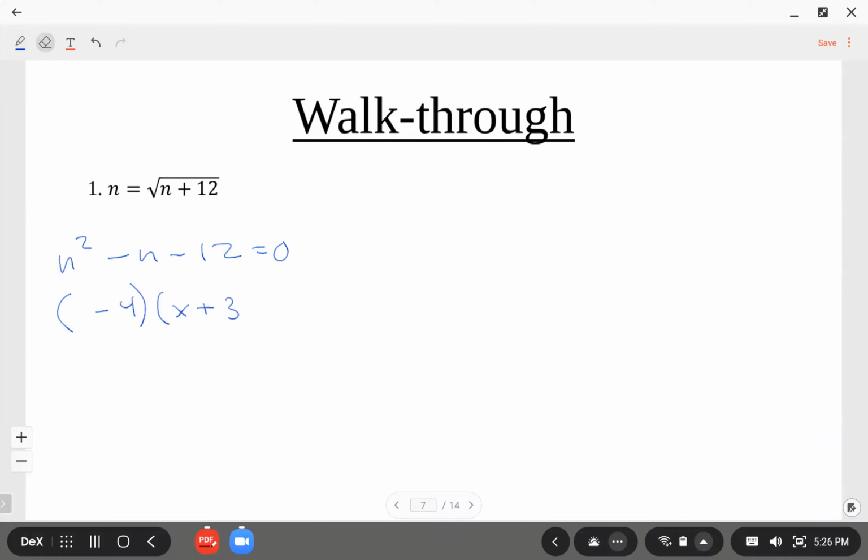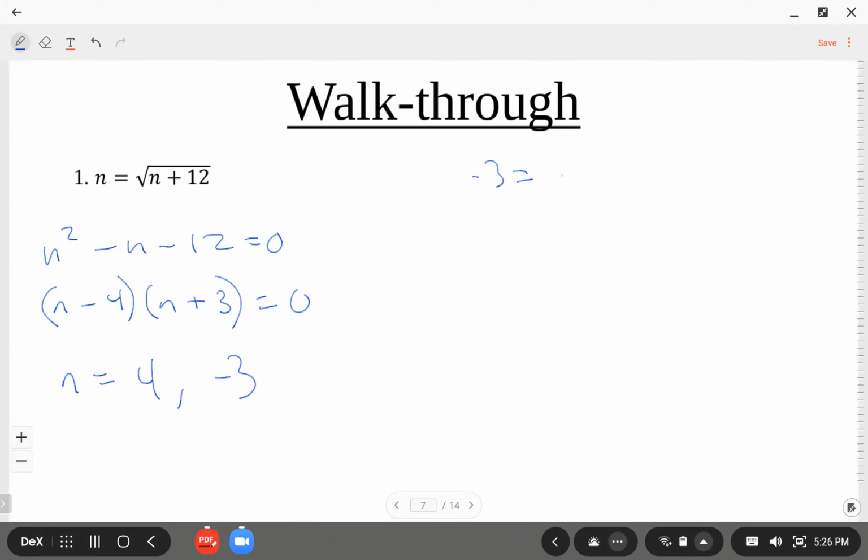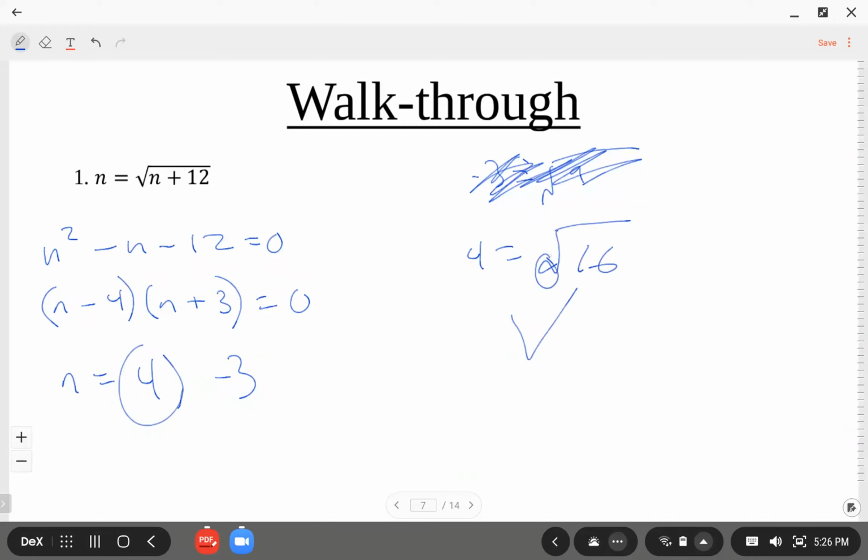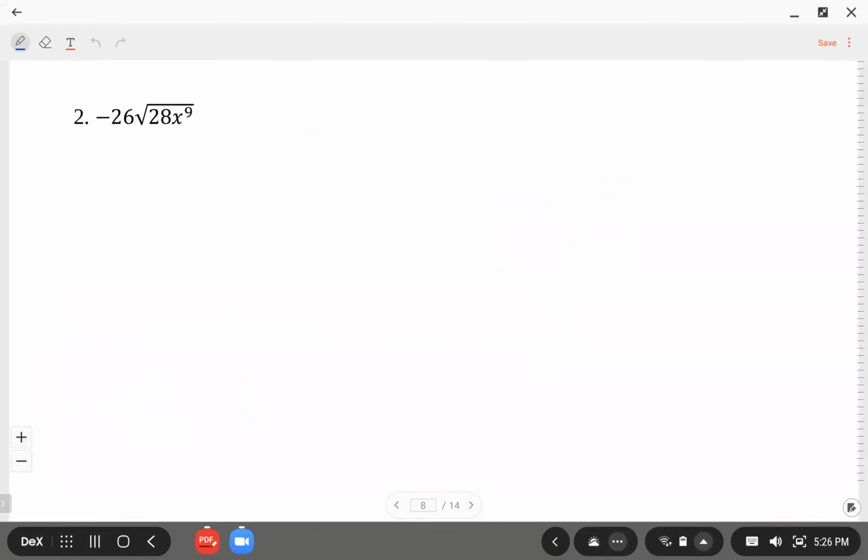Okay, so that aside, we factored, and then we're going to get 4 and negative 3. Now let's check our solution. Negative 3 equals the square root of 9. Okay, that's not true. So 4 equals the square root of 16. Yes, that is true. So 4. Why is there an infinity sign over here? Okay, let's just not talk about that.